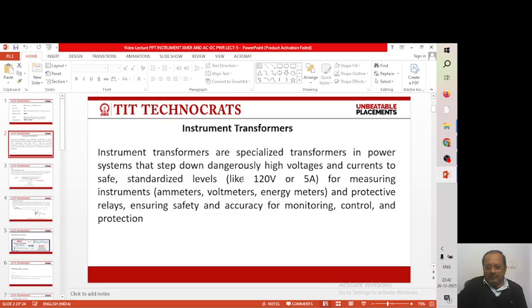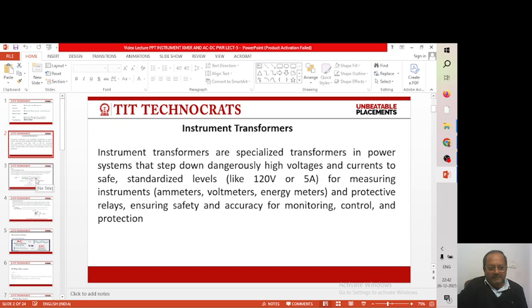This low level voltage or current may be measured by small range instruments and is not dangerous to the operator. So to protect the safety of operators and instruments, these instruments are used.